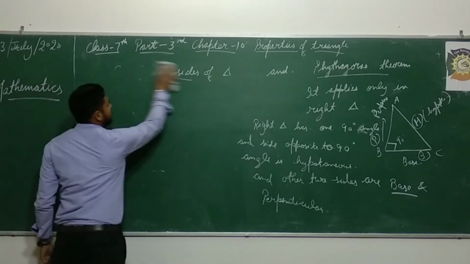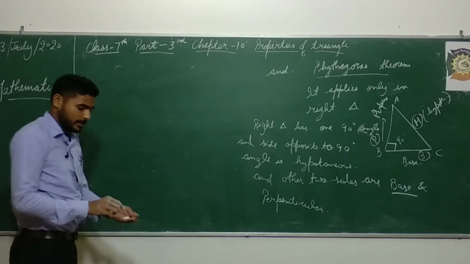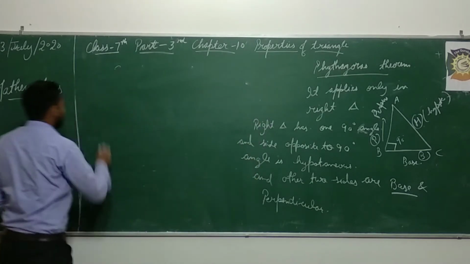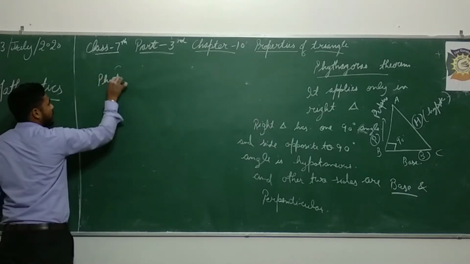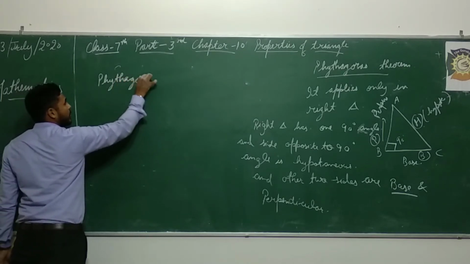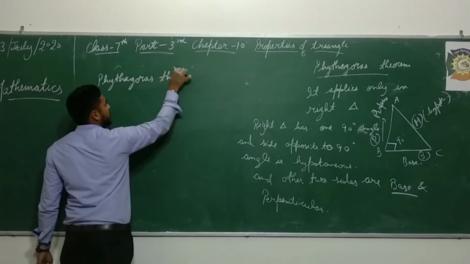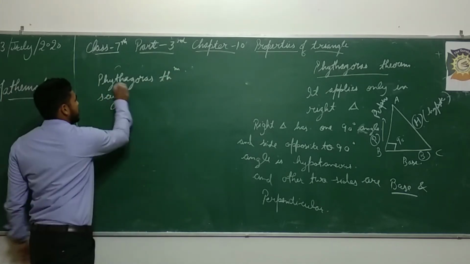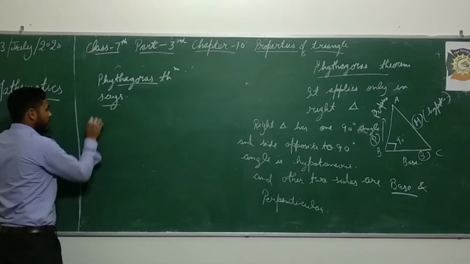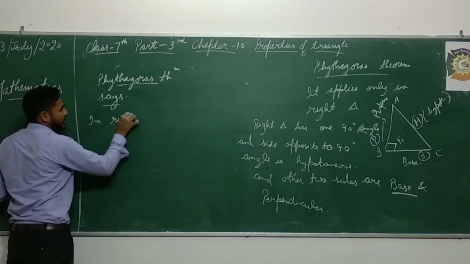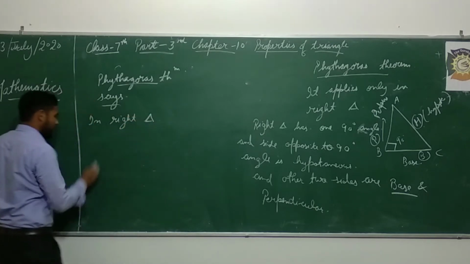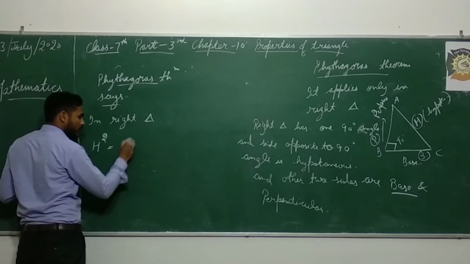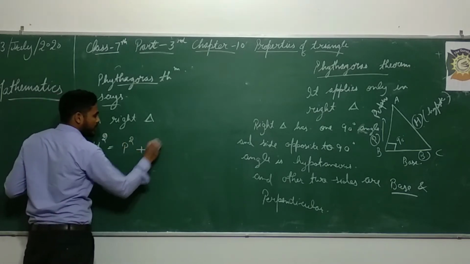Pythagoras theorem say? Pythagoras theorem says that in a right triangle, hypotenuse square is equal to perpendicular square plus base square.